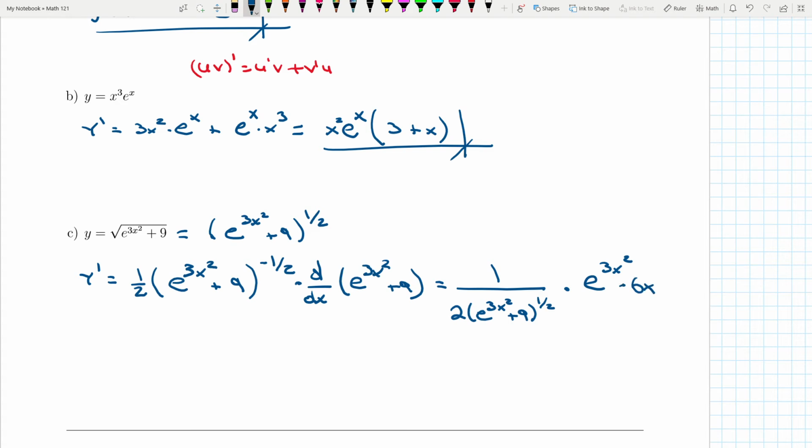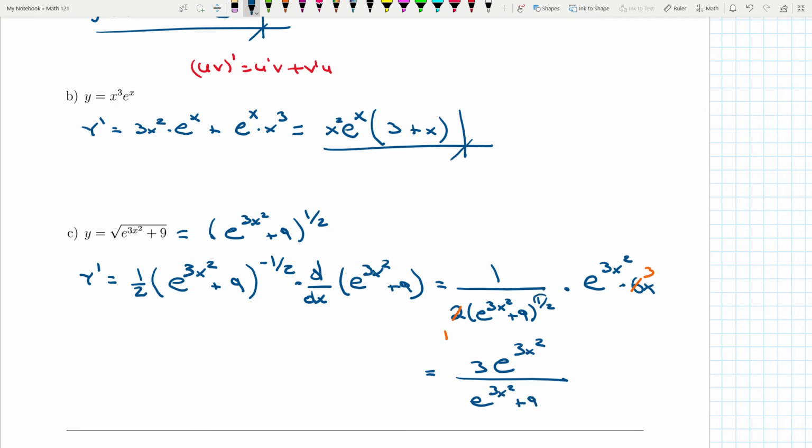However, notice how in this case 2 goes into 6 three times. I'm going to multiply 3 times the exponential and leave it in here: 3 e to the 3x squared, the whole thing divided by e to the 3x squared plus 9.